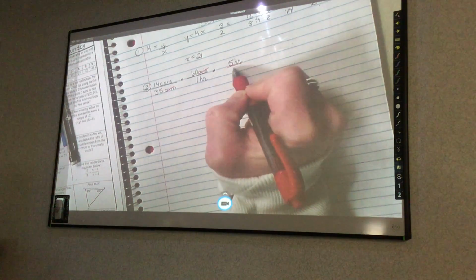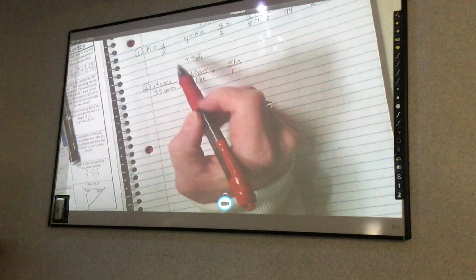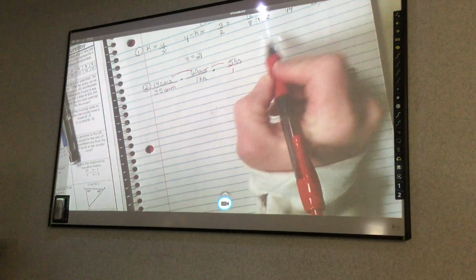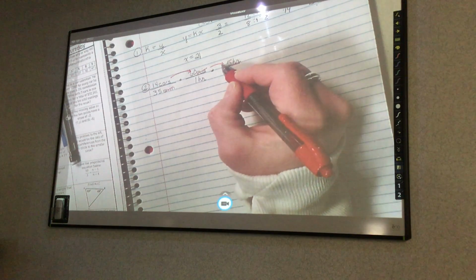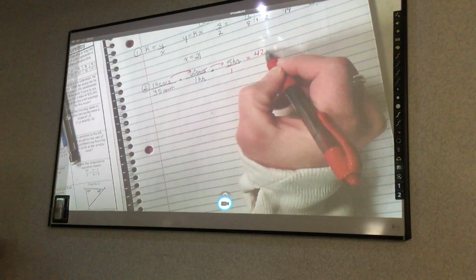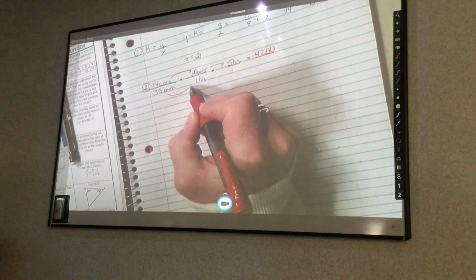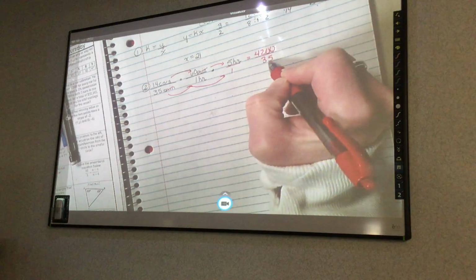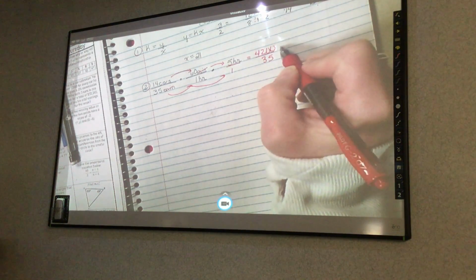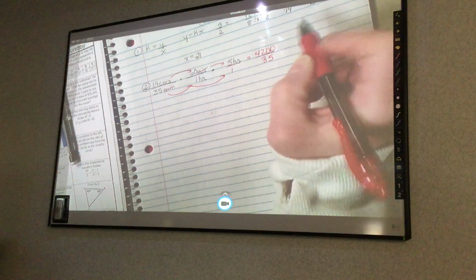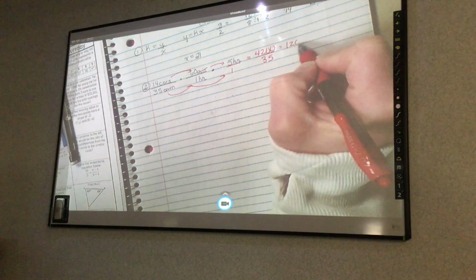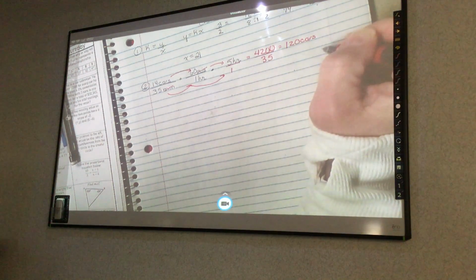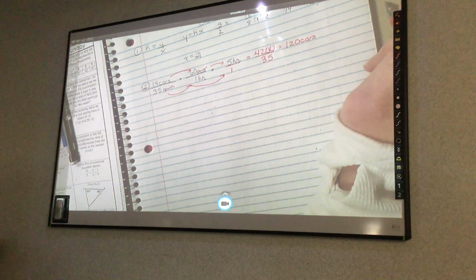And then I just multiply through. 14 times 60 times 5 is 4,200. 35 times 1 times 1 is 35. So then I do 4,200 divided by 35, and it would be 120 cars, because it's 120 cars in 5 hours.